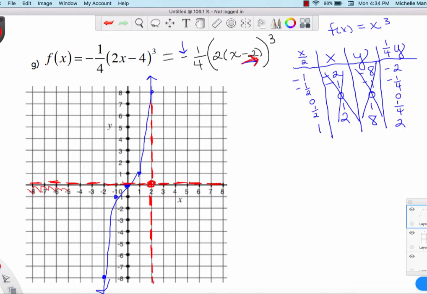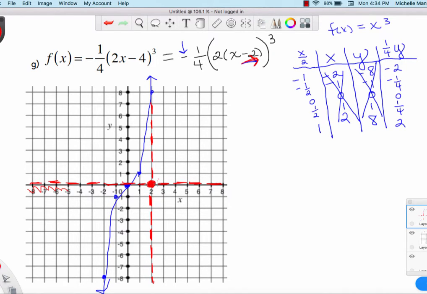Now normally I go over 1, up 1, but I see that my x's need to be halved and my y's need to be quartered. So instead of going over 1 to the right, I'm going to go over half as much, and instead of going up 1, I'm going to go up just a quarter as much.